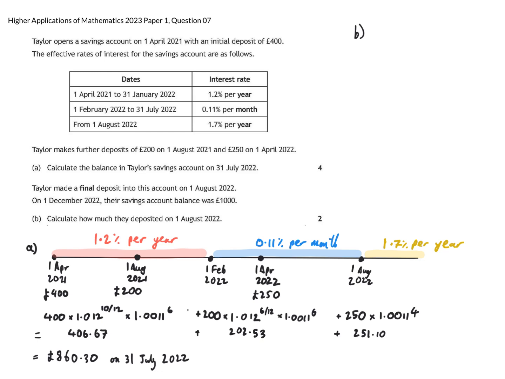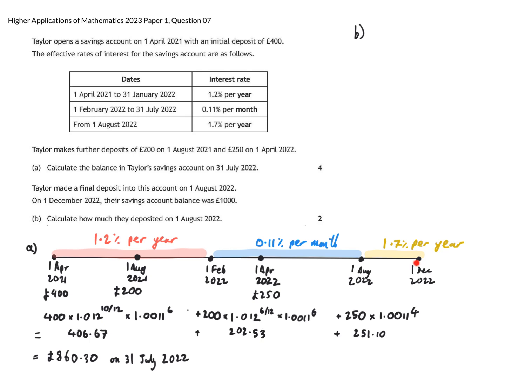On the 1st of December 2022, the savings account's balance was £1,000. So I'm going to add that point to my timeline. 1st of December 2022. We know the account has a value of £1,000 here.